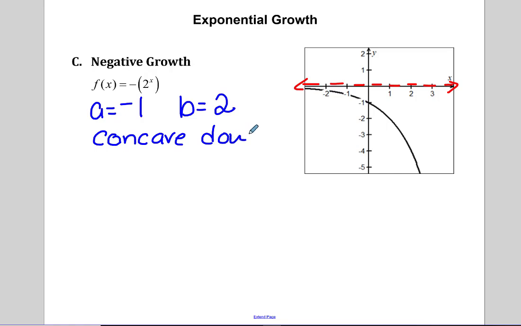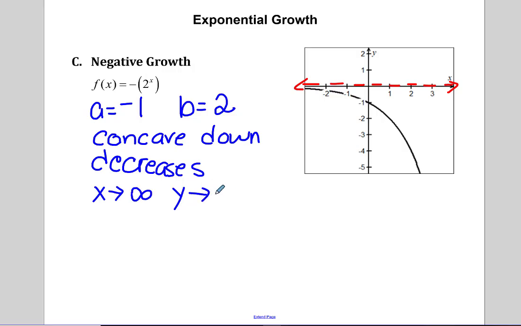We're concave down. The function is decreasing. When x goes to the right, y goes down, down. The graph lies below the asymptote. This is growth in the negative direction, so we're moving away from the asymptote.